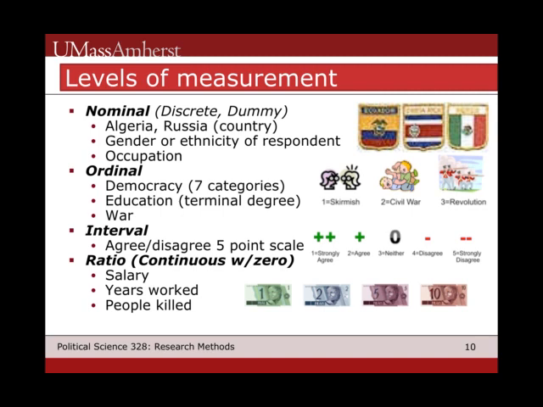But we don't necessarily have to agree how much more democratic you are with three of those characteristics than with two. So that would be called an ordinal measure. Education is the same type of thing. Maybe we don't think each year of education has a linear impact, but we know that having a college education is different than having only a high school education, and perhaps even different than having a graduate degree.